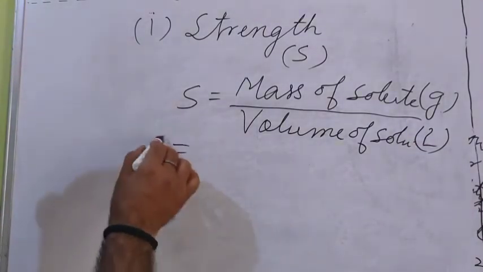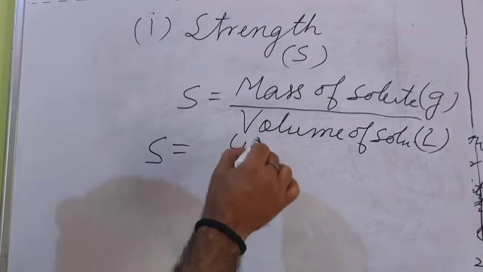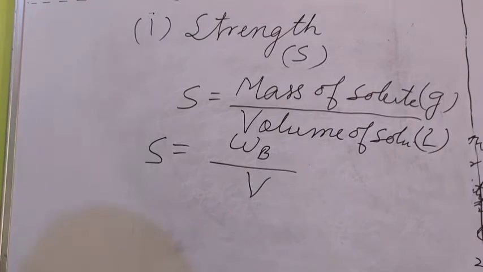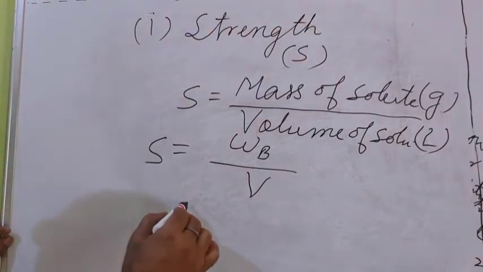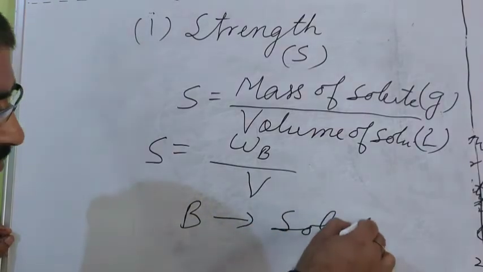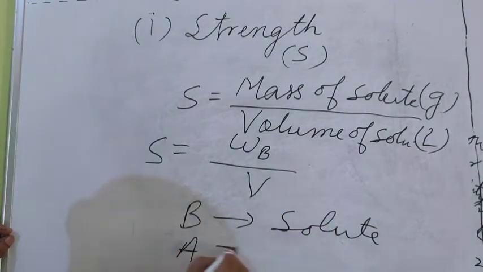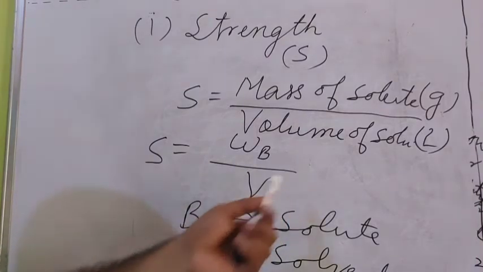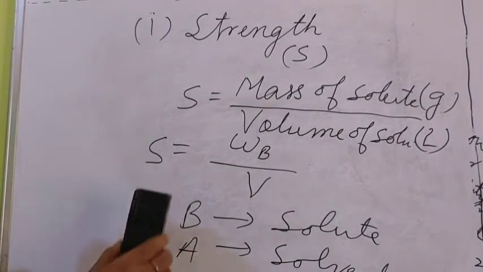Here strength equals mass of solute, that is WB, upon V. In the solution chapter, we generally use capital B for the solute and capital A for the solvent. B for solute and A for solvent. So WB is the mass of solute upon volume of solution in liter.